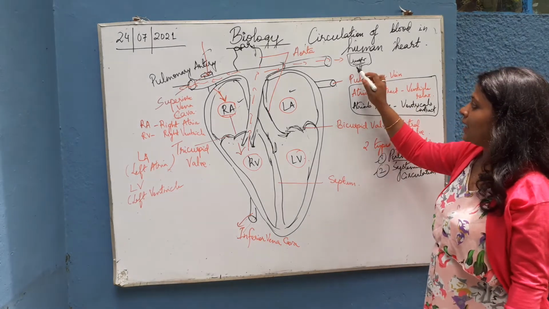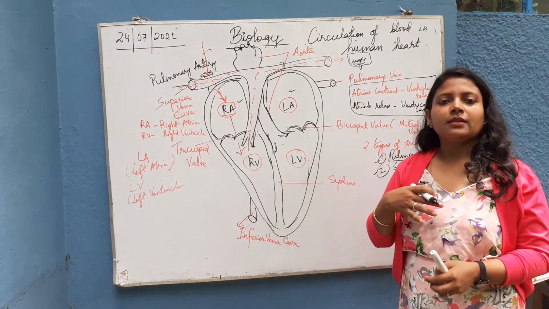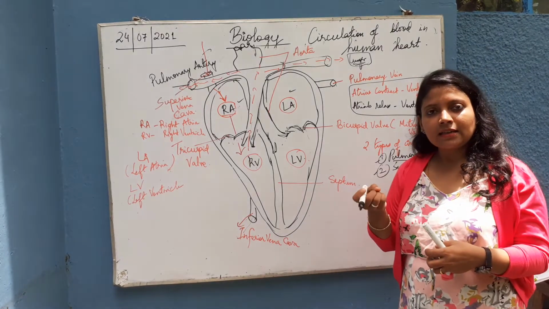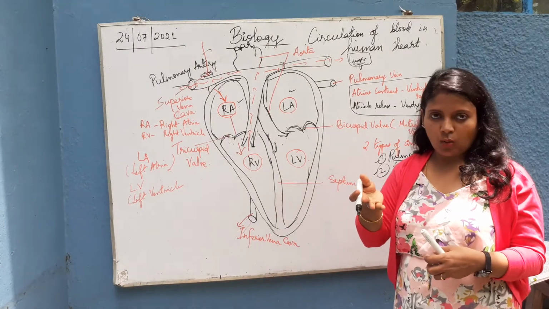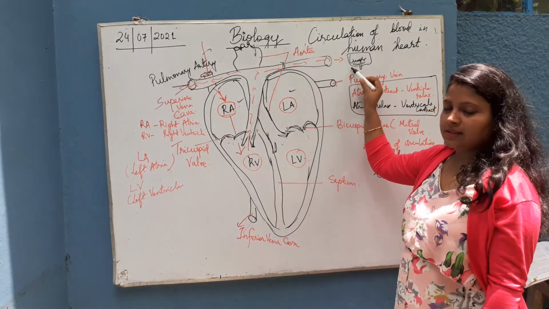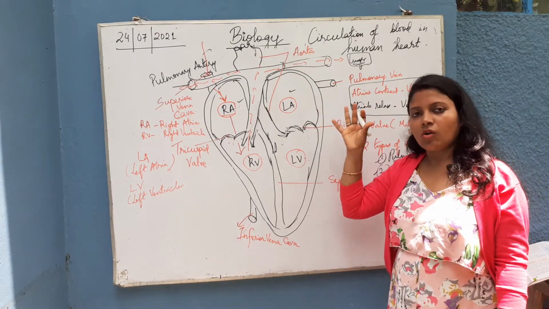So the lungs are mainly for exchange of gases. When you breathe in, the alveoli will absorb the oxygen and release the carbon dioxide when you breathe out. So when the blood from the heart reaches the lungs, there will be exchange of gases. The blood will again become oxygenated.